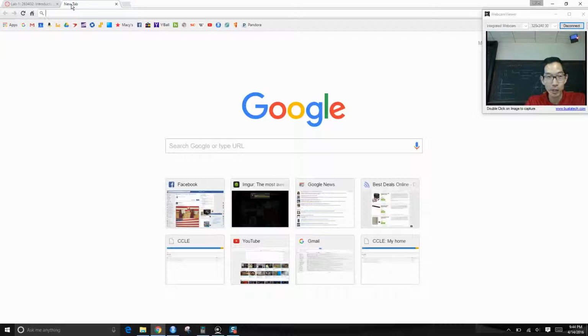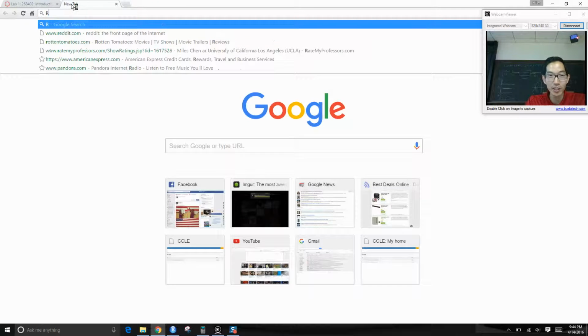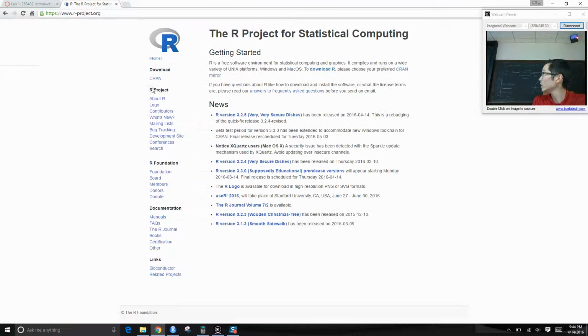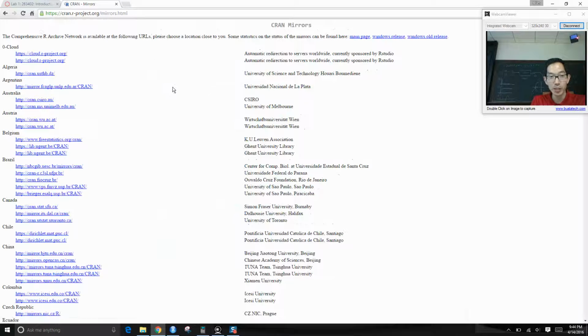So what we want to do is you're going to go to Google and type in R, and the first thing that pops up will be the R Project for Statistical Computing, okay? Click that, and where it says download, you're going to click this thing called CRAN. CRAN is the network from which you can download R. It will probably say pick a mirror.